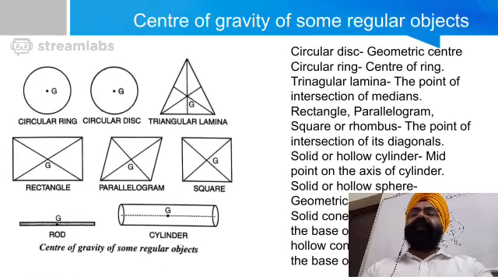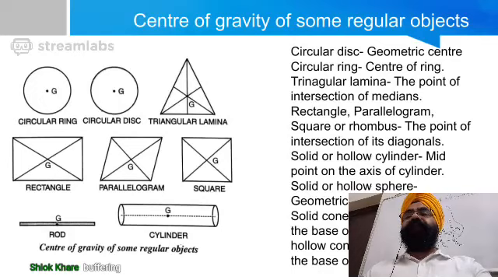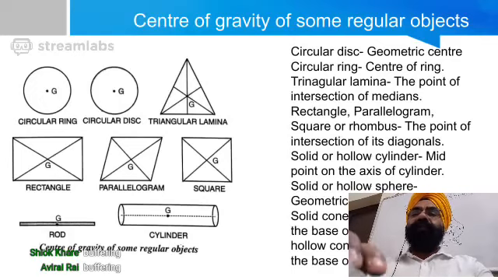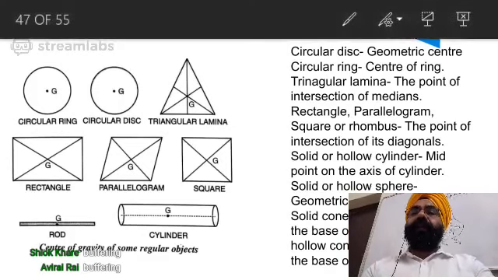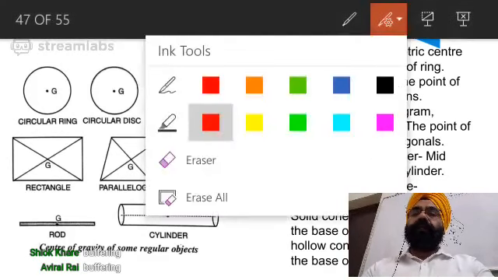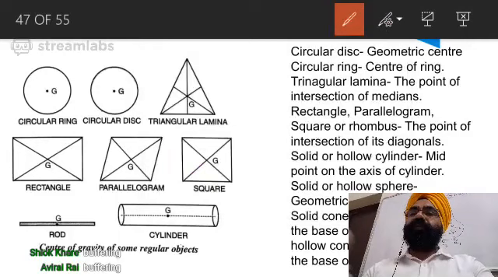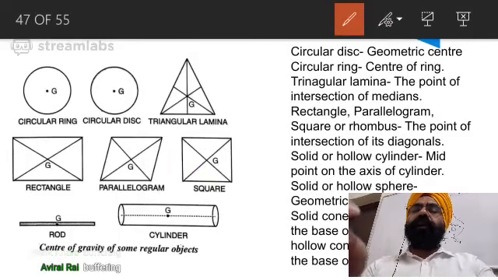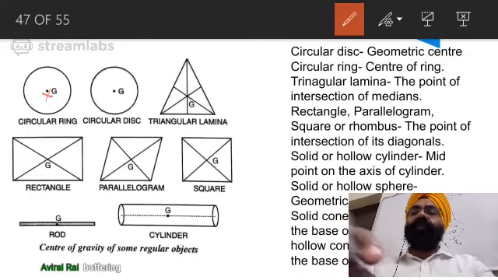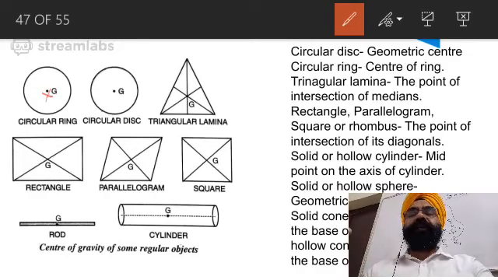So if we have regular shapes, regular bodies, where will the center of gravity of such regular objects lie? First of all we are taking a circular disc, it's very simple. The geometric center of the circular disc will be the position where the entire weight of the disc will be concentrated.